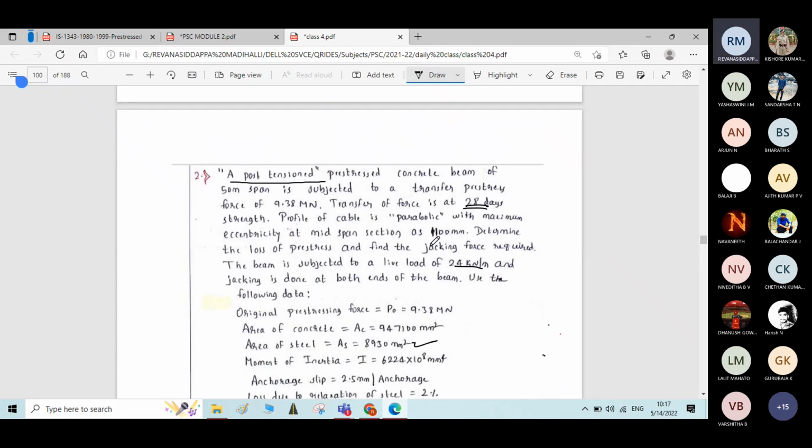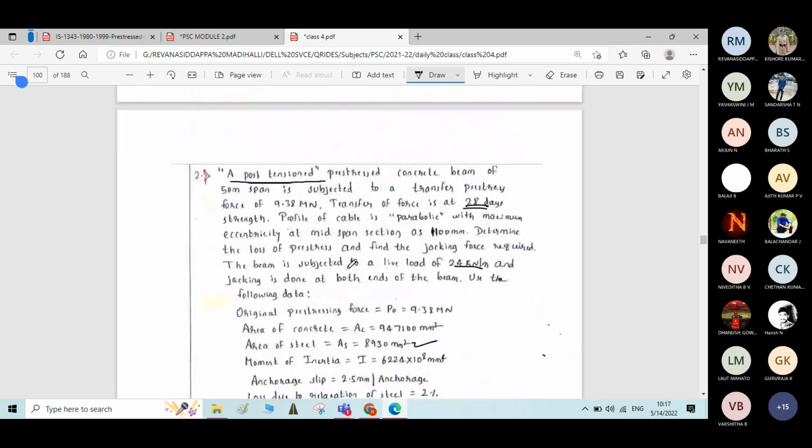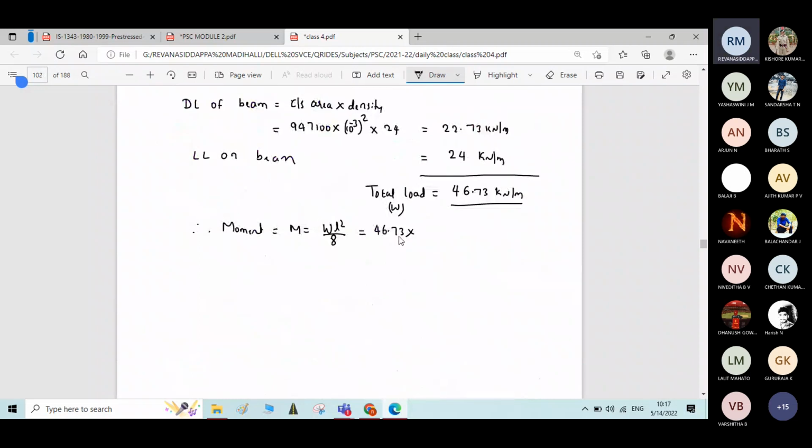Just check where it is given. Length of the beam is given as 50 meter span, correct? So L is 50 meter, 50 square by 8.